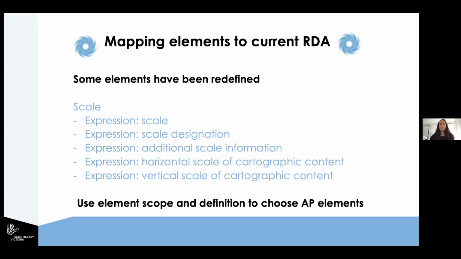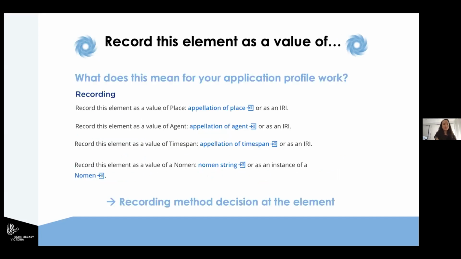And this is an aside more than anything, but I did want to just chuck it in here because it became something that was challenging for me when I was first engaging with application profile development.